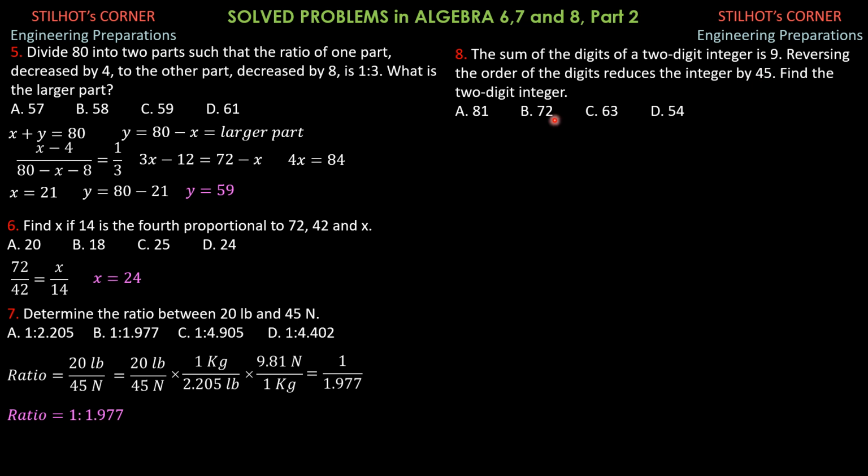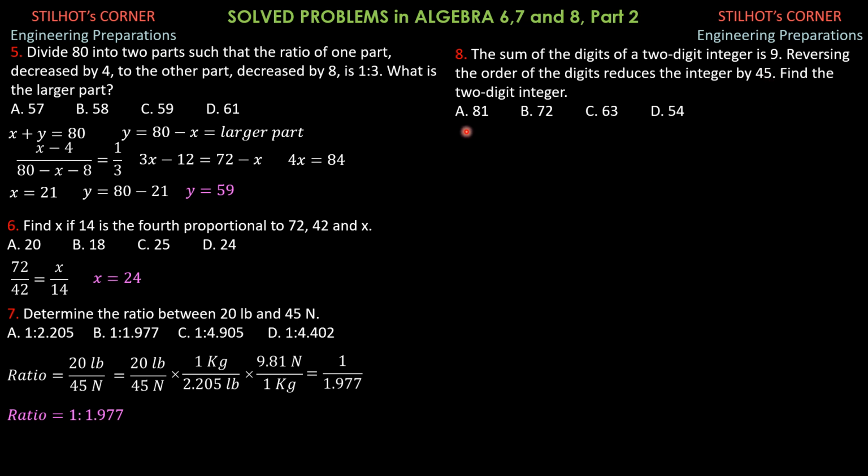So therefore, by just manipulating the choices, we say that the answer is letter B. And we don't need to check the others because, although the sum of the digits is 9, reversing the digits will not reduce the original two-digit integer by 45.